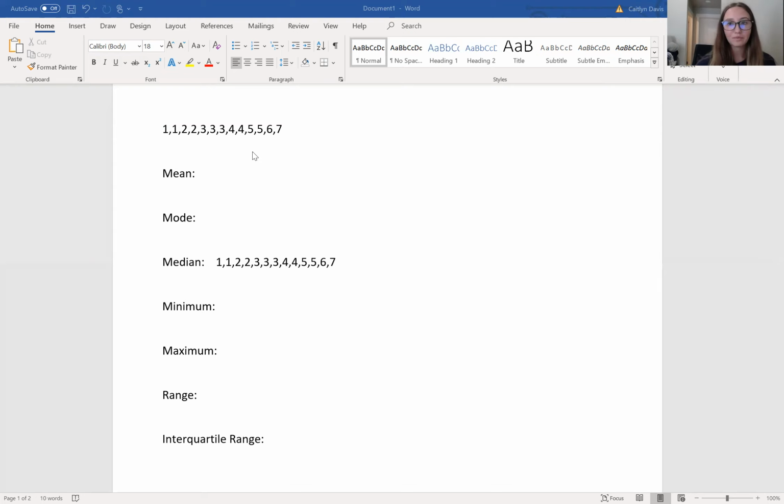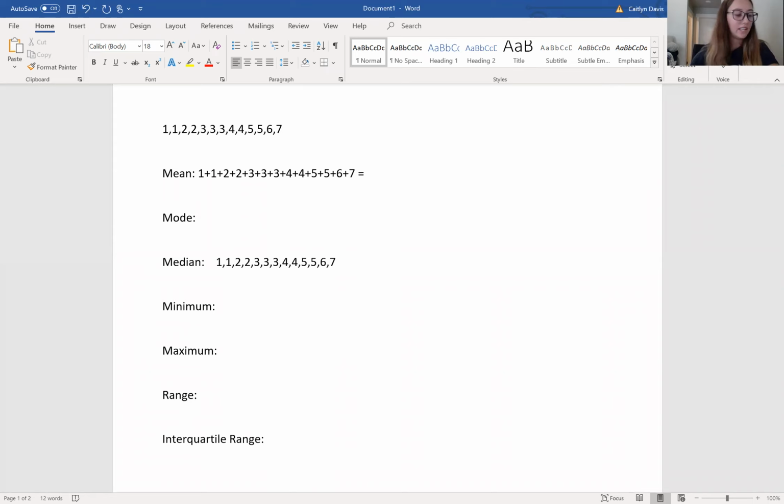Now, mean is considered our average. So we're going to start off with measures of central tendency. Mean is our average. So what we do is we add up all the numbers and divide it by the amount of data we have. So we're going to add 1 plus 1 plus 2 plus 2 plus 2 plus 3 plus 3 plus 3 plus 4 plus 4 plus 5 plus 5 plus 6 plus 7.